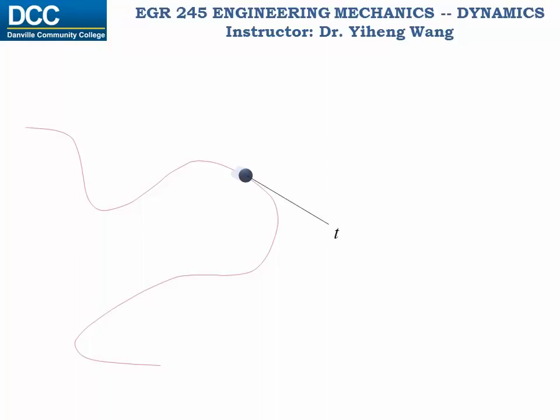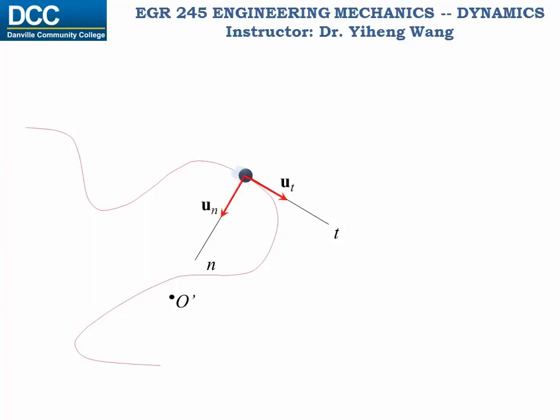Again, a t tangent axis that is tangent to the path and always points towards the direction of the motion. Its unit vector is ut. And another n normal axis that is normal to the path, always points towards the center of curvature. For the normal axis, its unit vector is un.